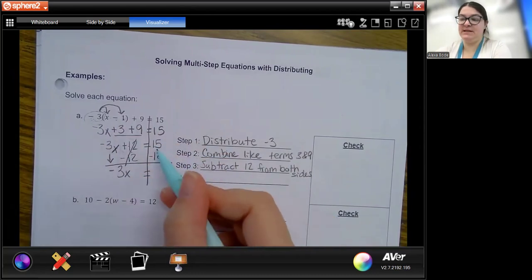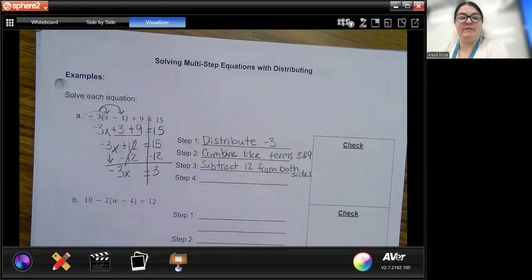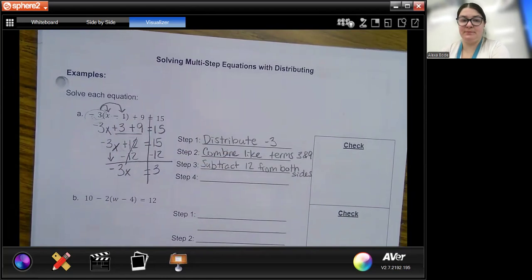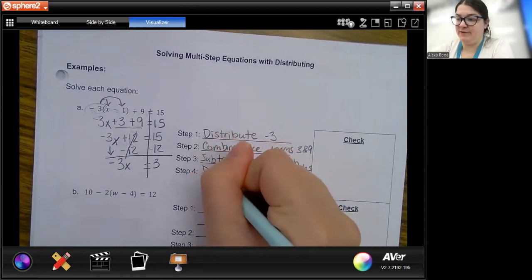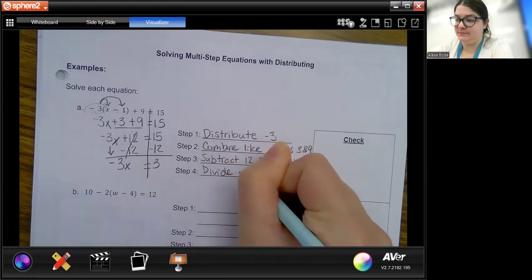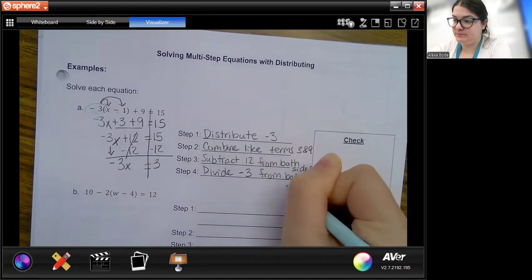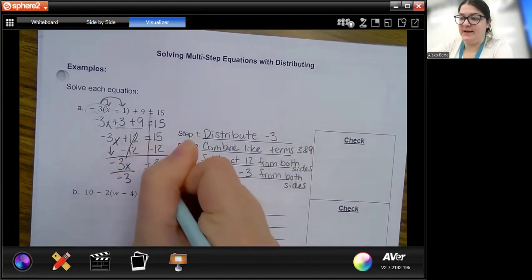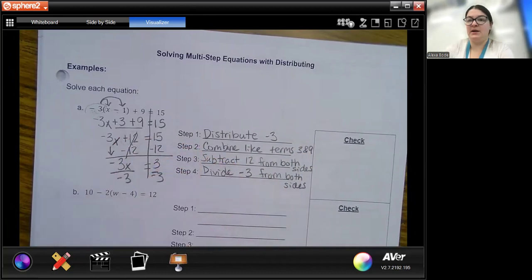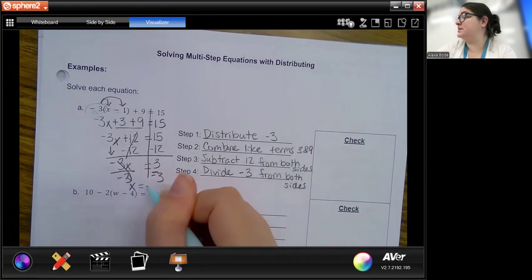And then 15 minus 12 is 3. So I have -3x equals 3. My last step is to divide -3 from both sides. When I divide -3 from both sides, I end up with x equals -1.